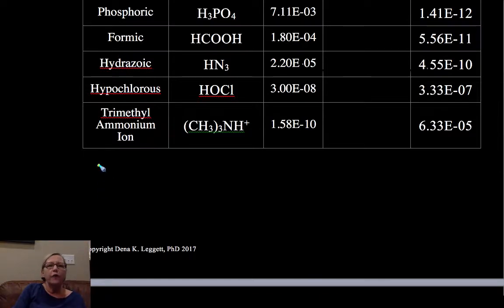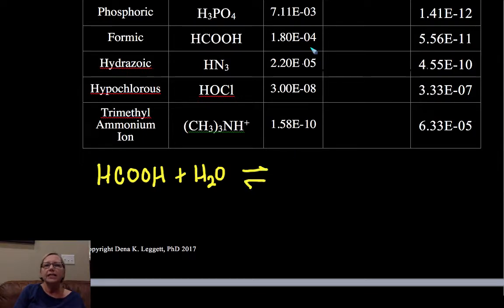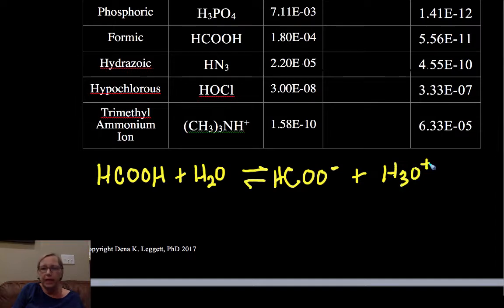If I have formic acid, HCOOH, plus water, this is just a refresher on equilibria here. This is weak. It has a Ka, or acid dissociation constant, and we would have HCOO minus plus H3O plus.